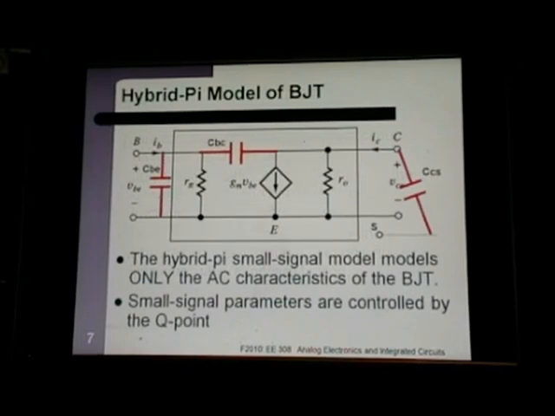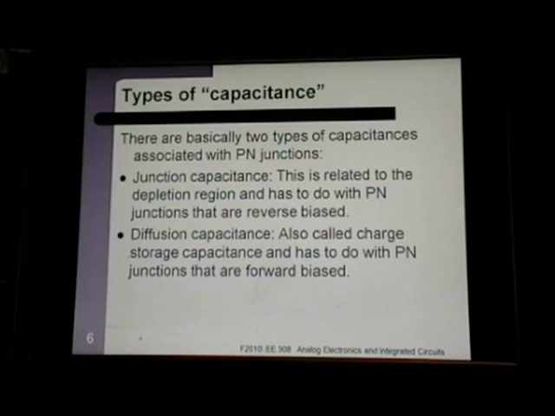The junction capacitance doesn't look like the capacitors that you've seen in your previous circuits classes. It's not two plates that need to charge and discharge when the voltage across them changes. It is related to how long it takes charge to redistribute itself when a voltage changes across a PN junction.